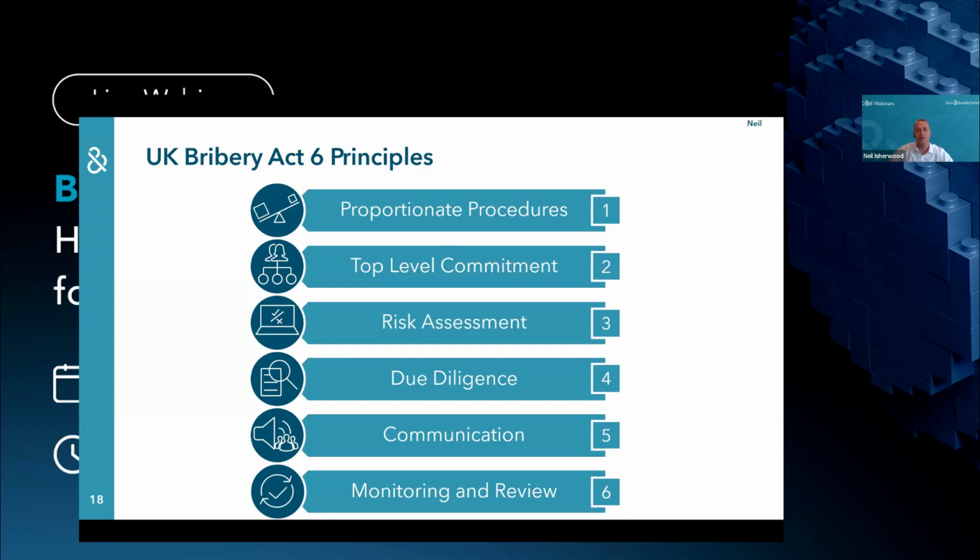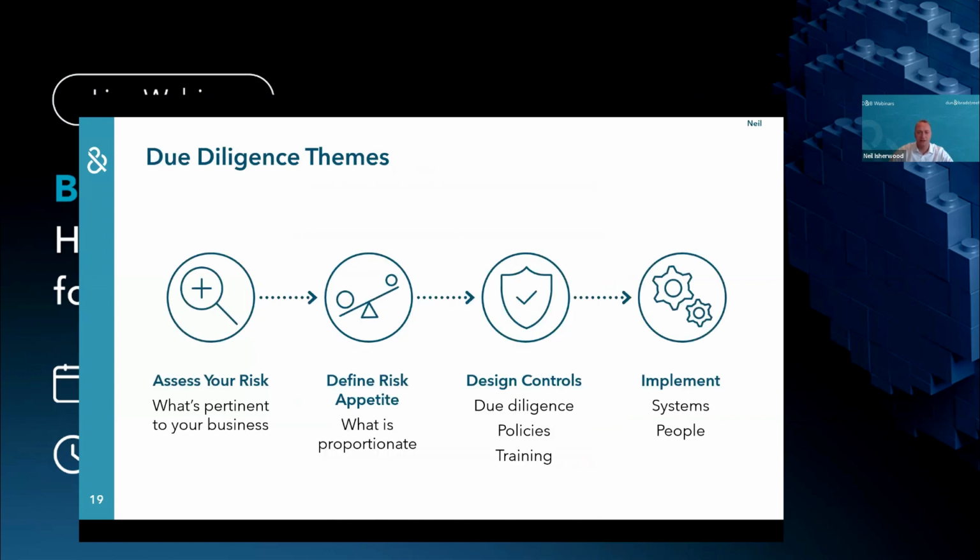So from my perspective, these are the key 6 principles, and we can see where due diligence sits in this. And there are lots of documents out there similar to the UK Bribery Act. The US Department of Justice actually put out a paper specifically saying how it will assess corporate compliance programs. No matter which piece of guidance or documentation you look at, they all tend to have the same key themes.